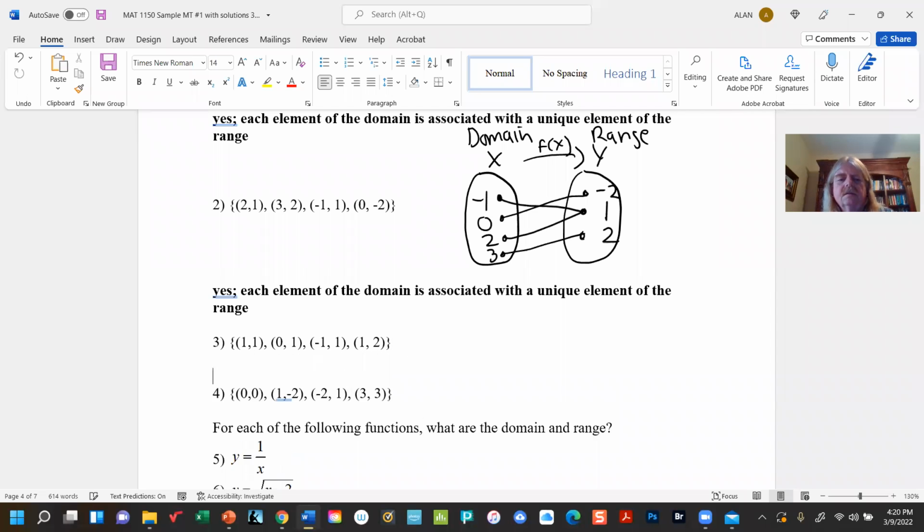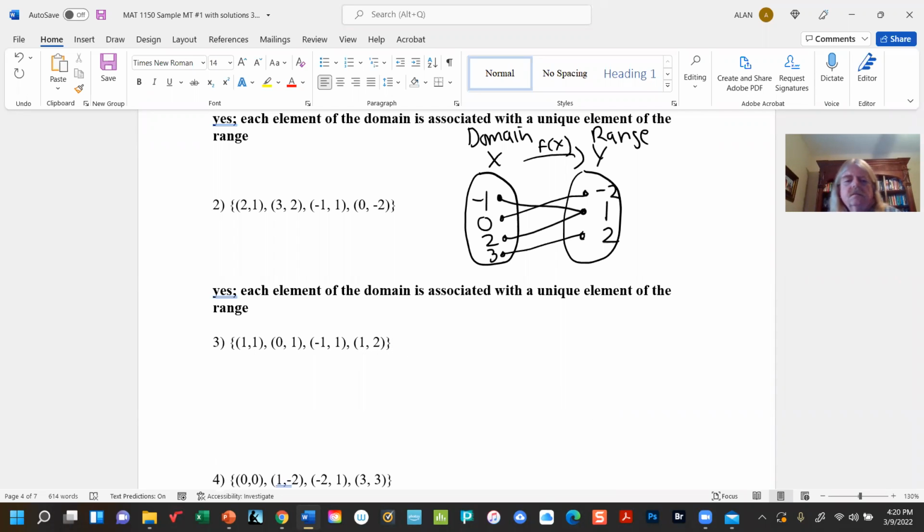Now, how about this one, though? So the x's are 1, 0, negative, here we go.